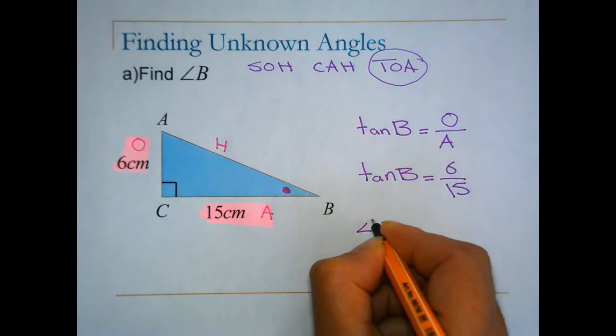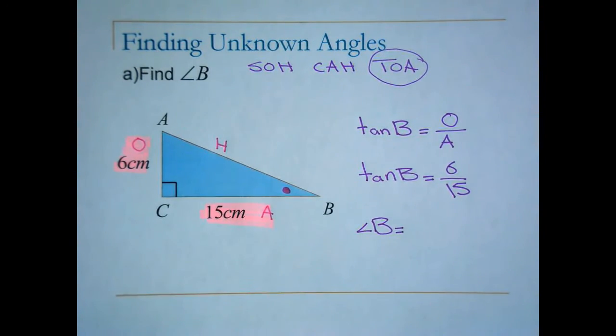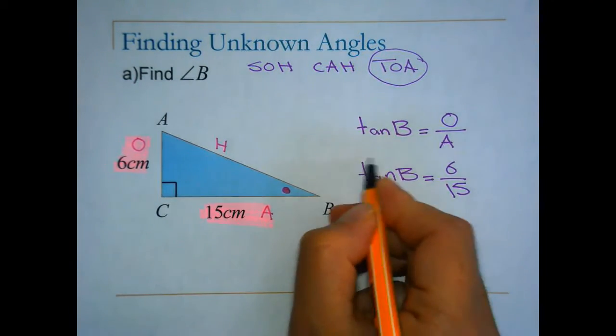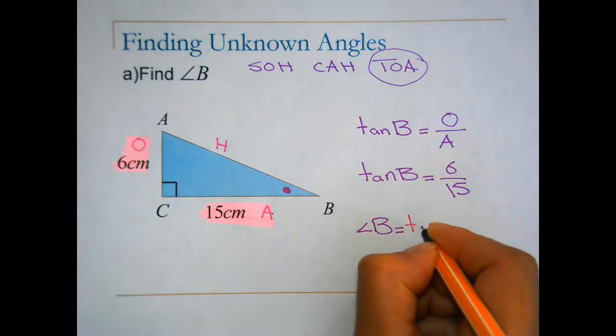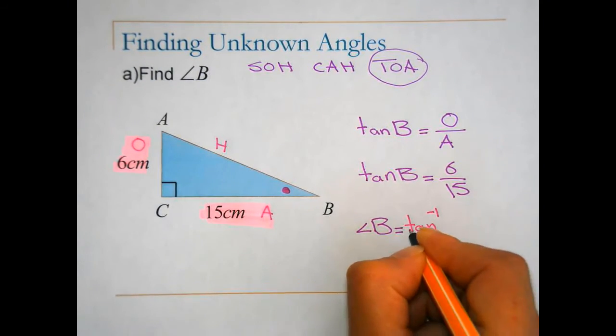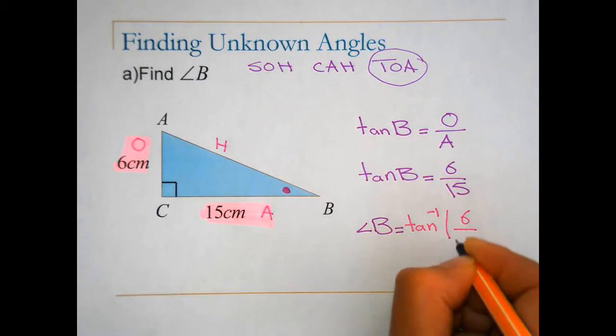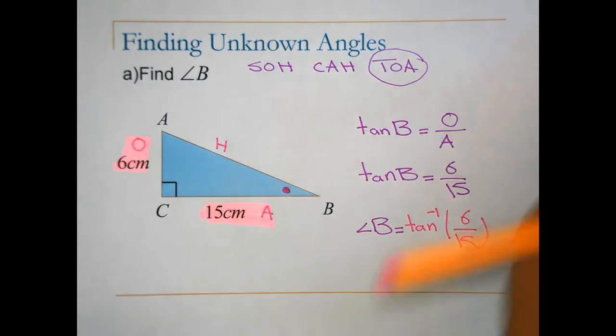So using your calculator, angle B equals, and this is what I talked about, instead of using the tangent, you will use the inverse tangent, which looks like tan with a -1 here, 6 over 50.